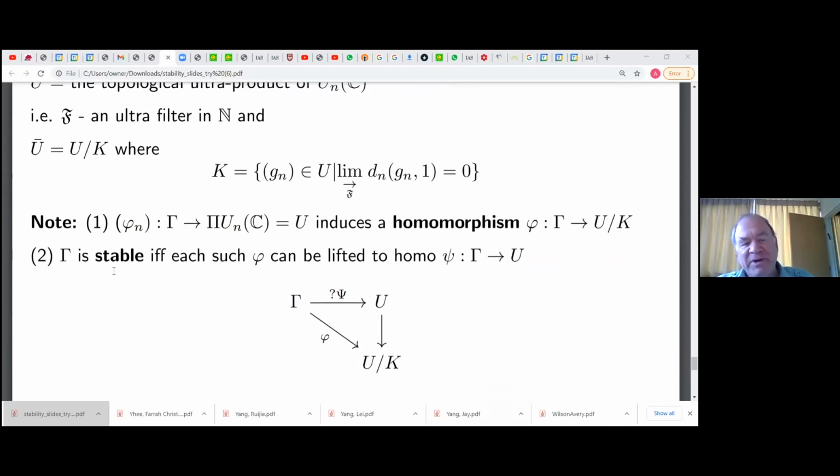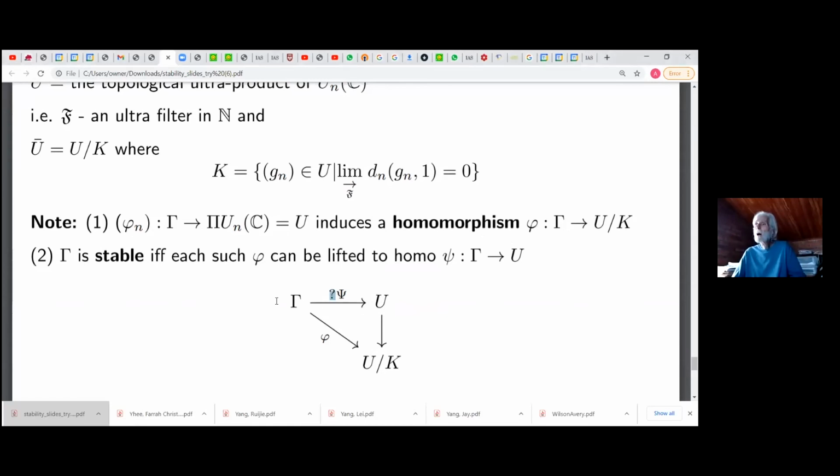It's very simple to see that gamma is stable if and only if every such phi, the map from gamma to U mod K, can be lifted up to a true homomorphism from gamma to U. So the stability is nothing more than a lifting problem of homomorphisms from gamma to U mod K to U.